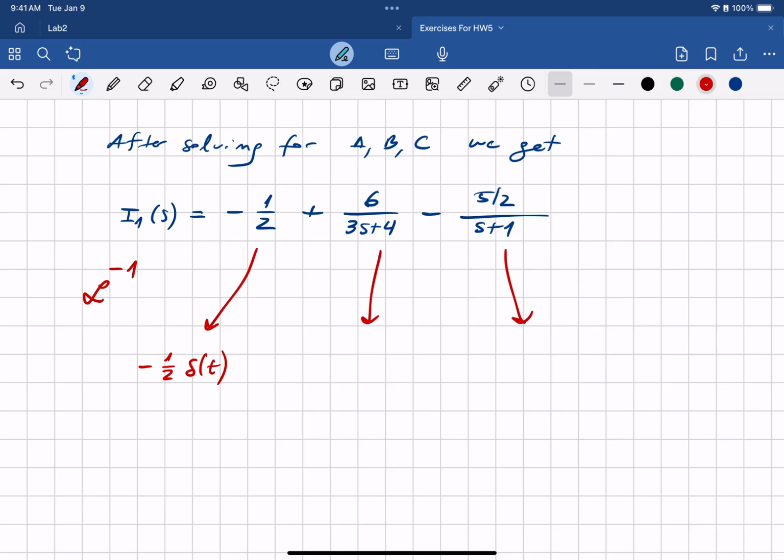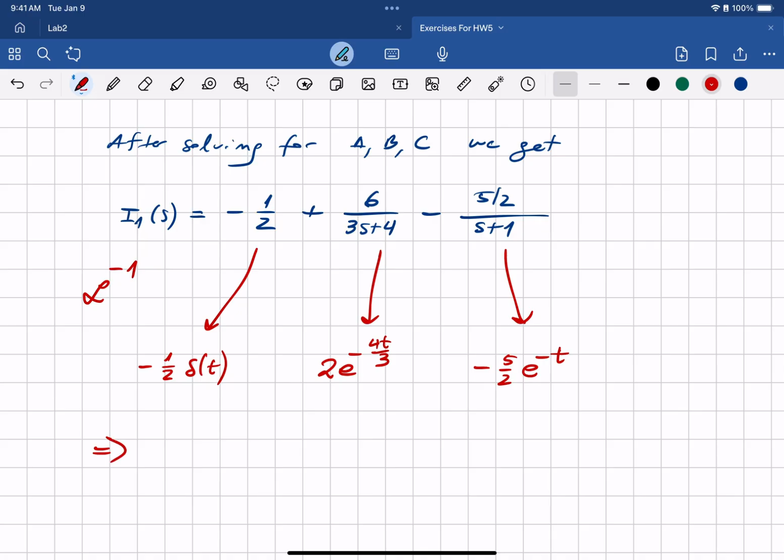This one gets simplified: you can divide everything by 3, so you have 6 divided by 3, and here s plus 4 over 3, right? If we do that, we should get 2 exponential of minus 4t over 3. And this one should become minus 5 over 2 exponential of minus t.